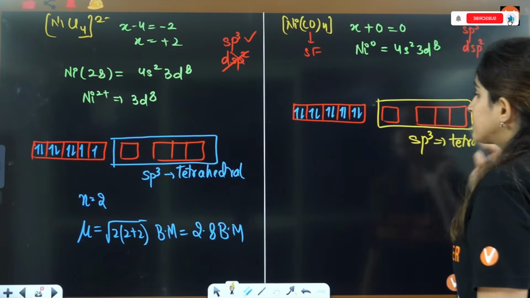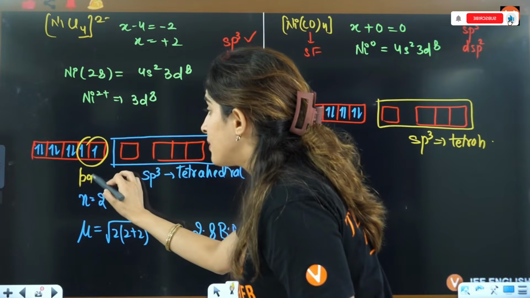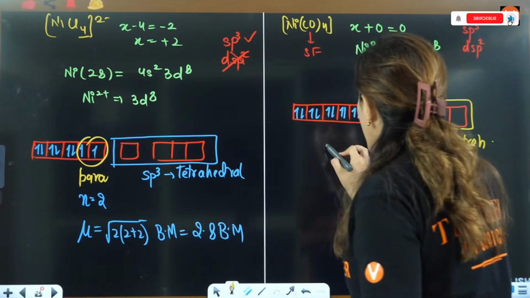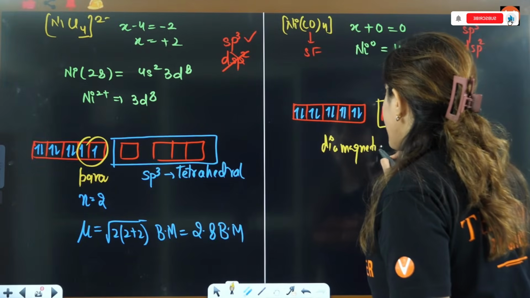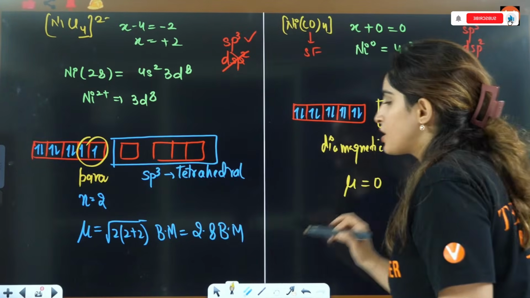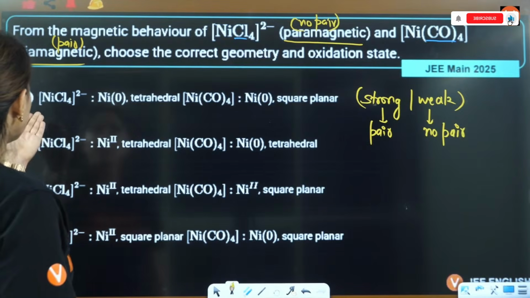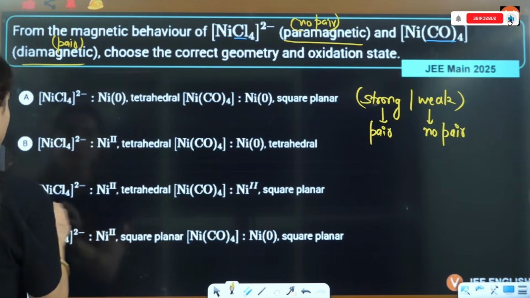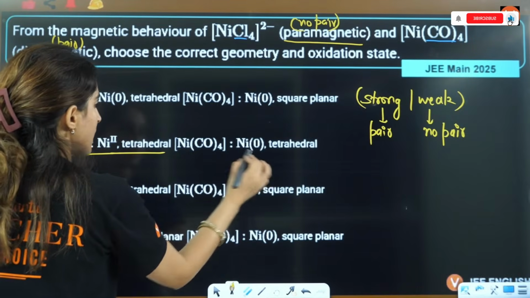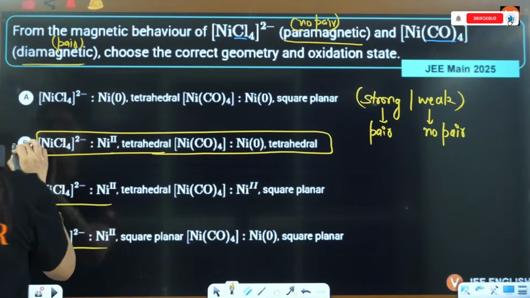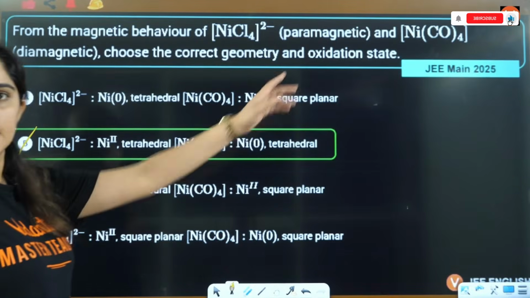But here this is a paramagnetic complex, this is para because it has unpaired electrons, and this is a diamagnetic complex with mu equal to 0 because unpaired electrons are 0. So the answer is going to be: the first has Ni2+, it is tetrahedral, and this has Ni0. B is going to be the correct answer here, right?